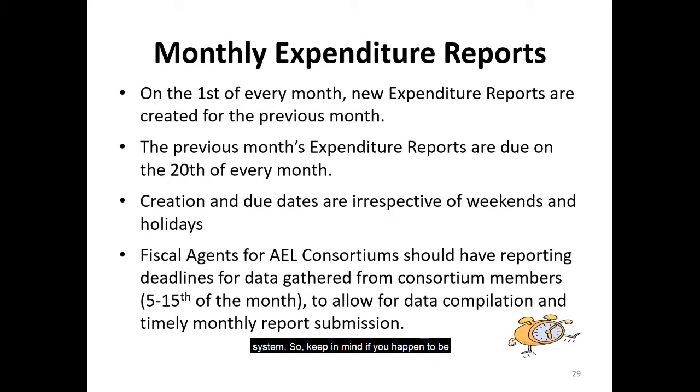So keep in mind, if you happen to be an entity who's a fiscal agent for a consortium, that these deadlines are hard-coded, and if you need to gather information from other members of your consortium, that you do that in a timely enough manner to be able to comply with the 20th deadline.